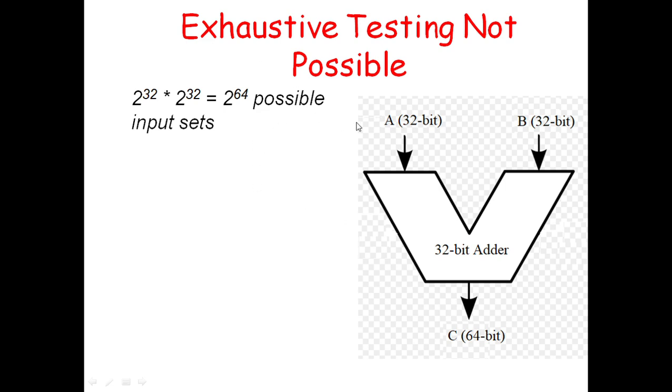In the binary system, for a 32-bit value, we have 2 raised to power 32 possible values. But we have two values, another 2 raised to power 32 values, so we have to multiply these. So in total we have 2 raised to power 64 possible input sets.